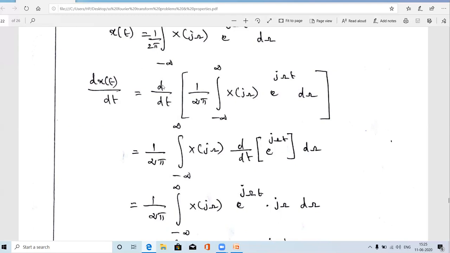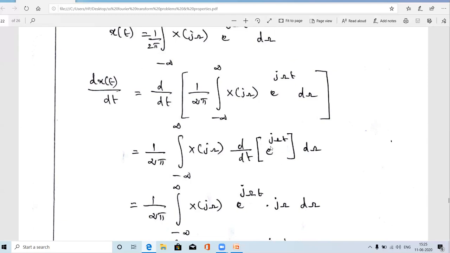We have to differentiate with respect to the time variable t, but in X of j omega no time variable is there, so the whole thing is a constant and you write it as it is. Then d by dt of the next term, e power j omega t. In this term t is there, so this function varies with respect to d by dt.